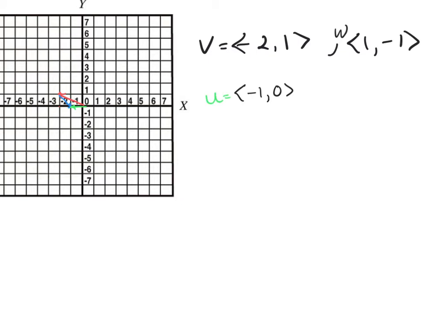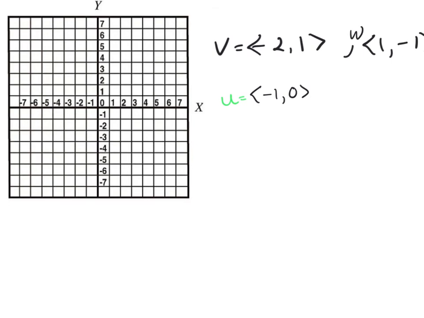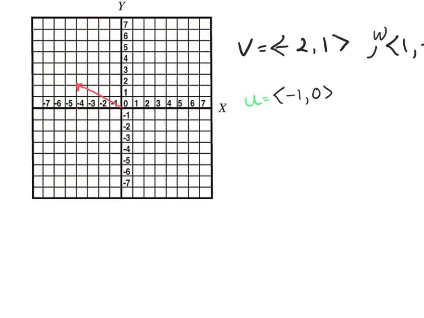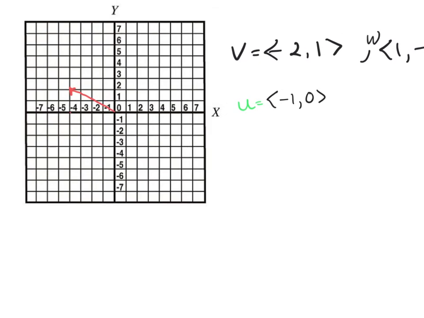Let's do the next one with a multiplication. So I multiply the negative 2 times 2. So now I'm going to go negative 4 and up 2. So this is 2 times my v. And then my w, because it's going to go in the opposite direction, means I'm going to go 1 more to the left, and I'm going to go up 1. So 1 more to the left and up 1.